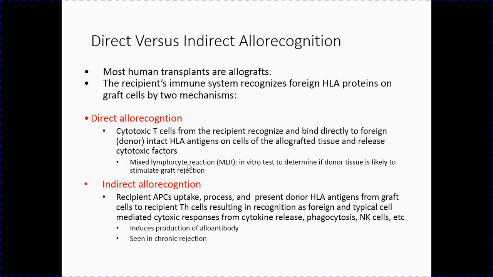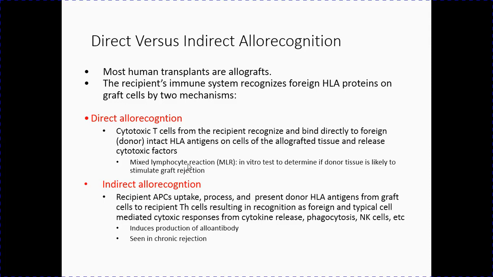So if there was no response from the recipient lymphocyte, it didn't spot anything foreign, it didn't spot anything that it needed to react to, and it didn't proliferate, there would be no tagging by radioactive label, because it's only in the active DNA of actively proliferating cells.